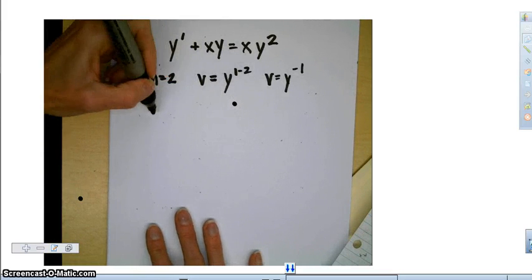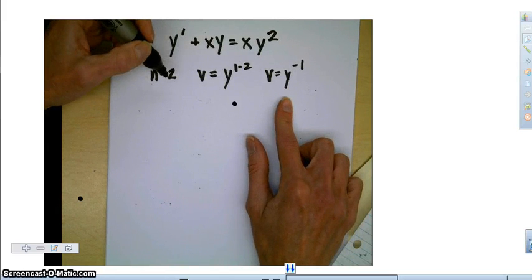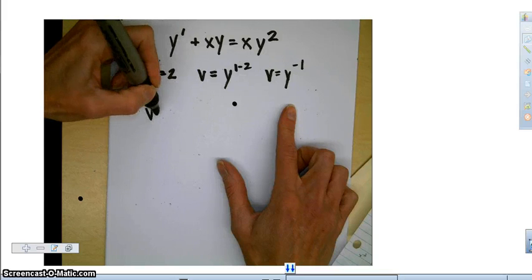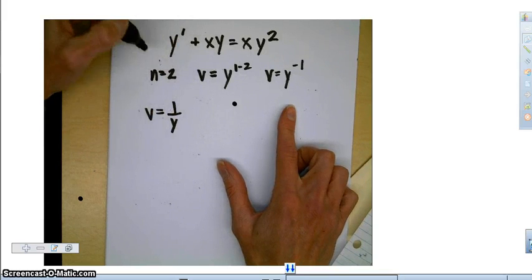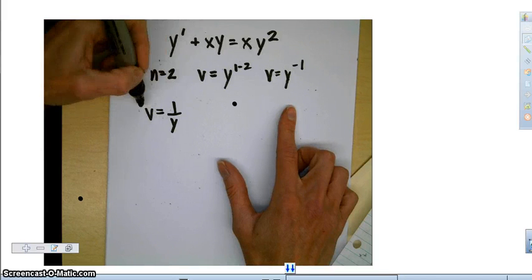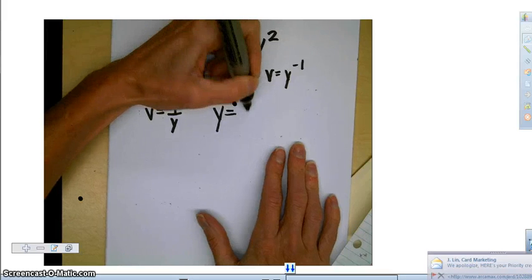So y is, oh my, how do I get y alone there? It's y to the negative 1. Isn't this the same as 1 over y? So multiply by y and divide by v. What does y equal? 1 over v.